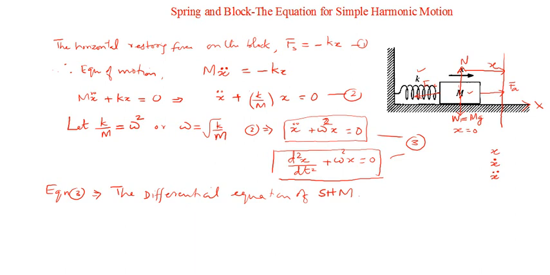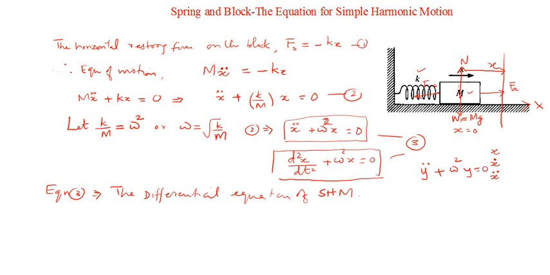The thing you have to keep in mind is that if the SHM is happening along the x direction, then the equation will be x double dot plus omega square x equal to 0. If the SHM were taking place along the y direction, the equation would be y double dot plus omega square into y equal to 0, where omega is a constant everywhere.